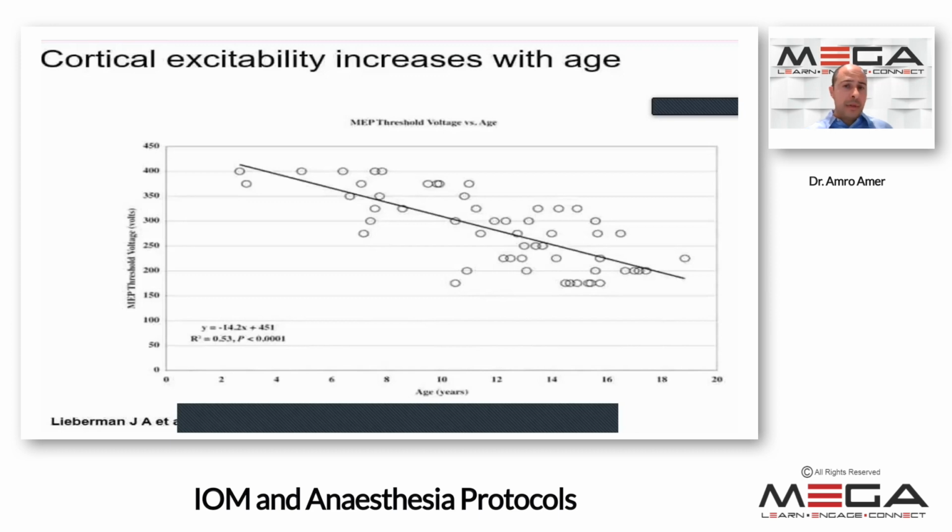The maturity of the nerves is incomplete. So signal will be less in amplitude, which is the height, and usually takes longer, which is the latency. So we tend to increase our intensity or power of electrical intensity to increase the excitability of the nerves.